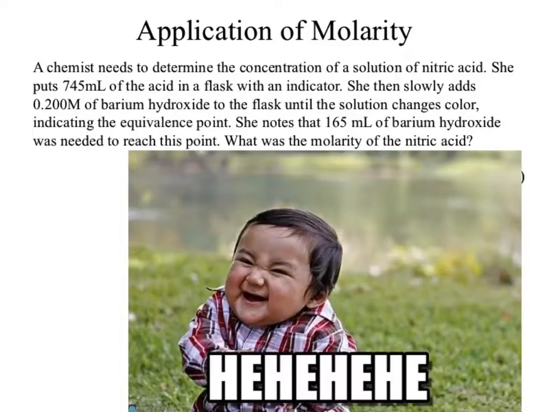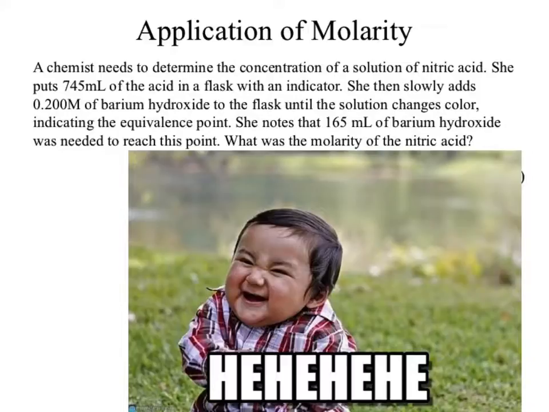We're now going to apply molarity to everything we've looked at. A chemist needs to determine the concentration of a solution of nitric acid. She puts 745 milliliters of the acid in a flask with an indicator. She then slowly adds 0.200 molar of barium hydroxide to the flask until the solution changes color, indicating the equivalence point.